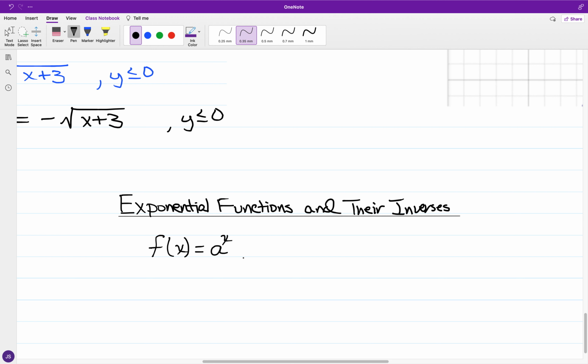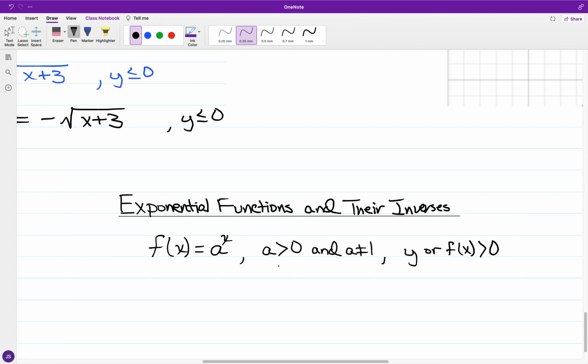And for this to be a one-to-one function, I'm going to be looking at having a as a positive real value with the exception of 1. And also have in the containment that y, or in this case f of x, is greater than 0.